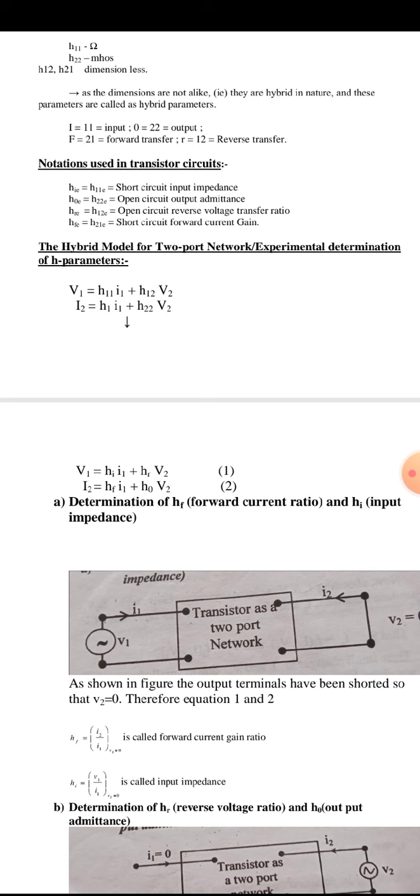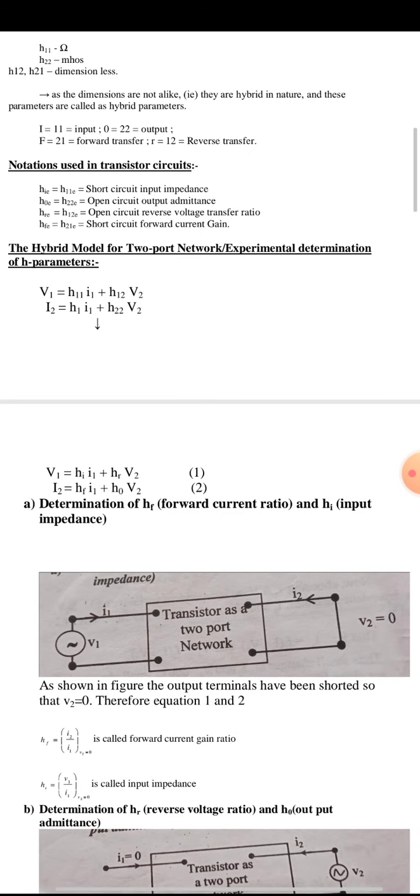For the calculation of the forward current ratio and input impedance, the output side is shorted. From this figure it is clear that the output side, the V2 side, is shorted, meaning these two connections are connected.